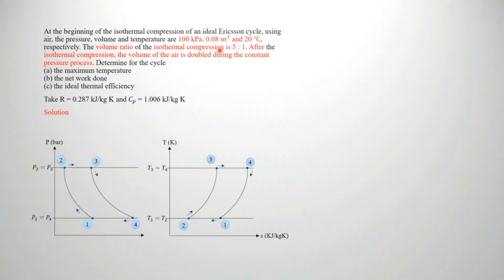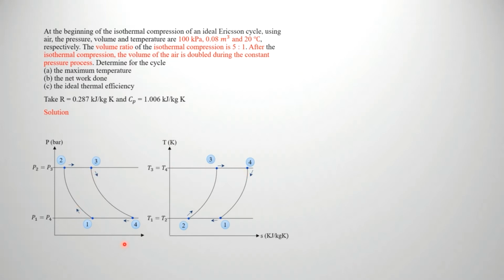First of all, you have to know what the Ericsson cycle is. Based on these two diagrams, you can see 2 to 3 and 4 to 1 are both constant pressure, and 1 to 2 and 3 to 4 are isothermal.